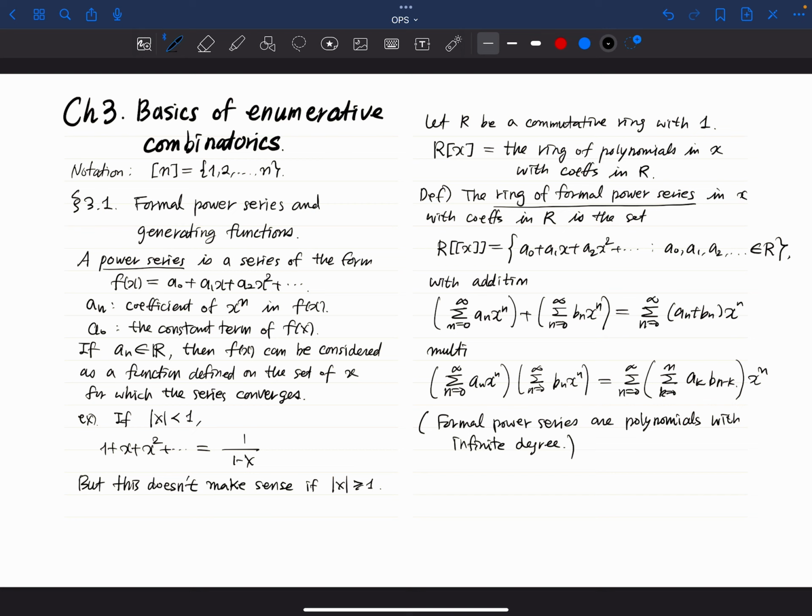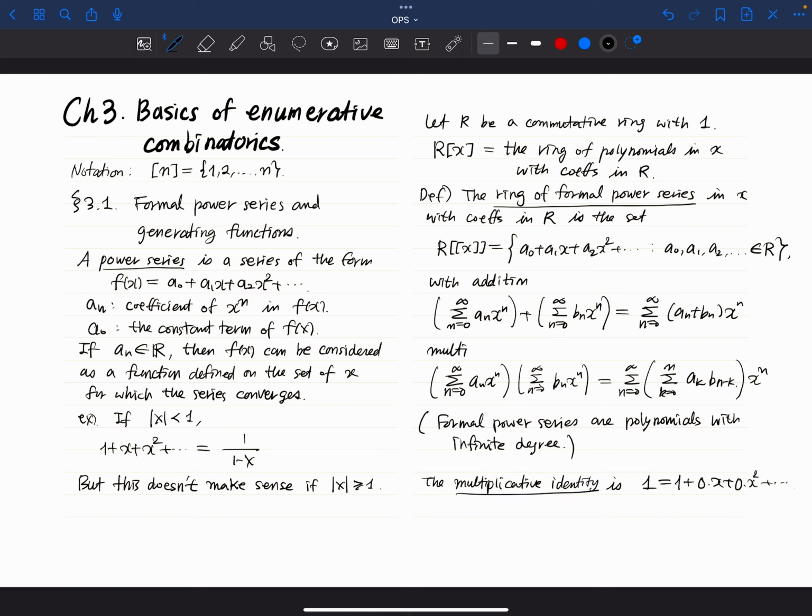And there's a multiplicative identity, which is just 1. So 1 means 1 plus 0x plus 0x squared, like that. So this is a formal power series, which we will just simply write as 1. And if you multiply any formal power series by this, then you get just itself. So it's a multiplicative identity, yeah, right?